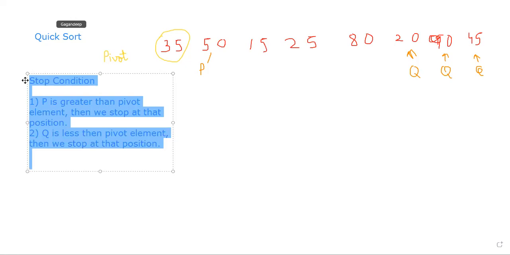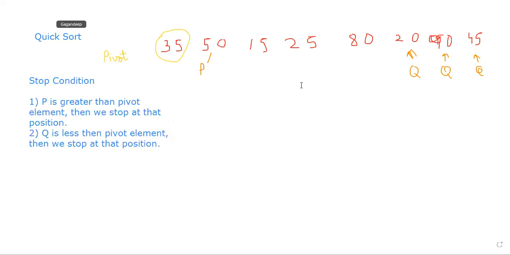Here I am going to copy these. Now Q is going to move to this point. If we found both the P and Q elements, we stop. Now we are going to interchange; we are swapping both the values.